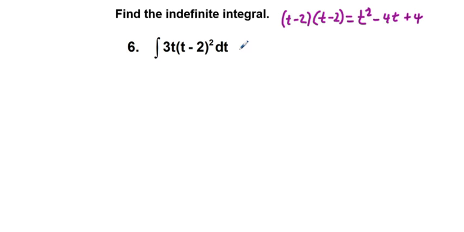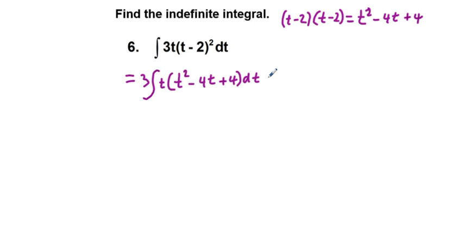So now we're going to engage in our rewrite just below. We have the integral of, and what I'm going to do for that is, I'm just going to take that coefficient of 3 right out front, since we can multiply that 3 out later. We're going to have t, and this quantity t minus 2 squared is t squared minus 4t plus 4 dt.